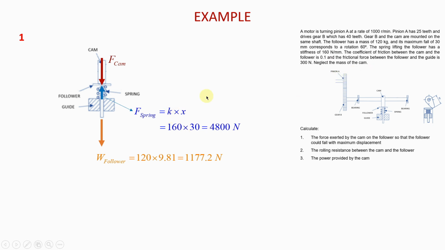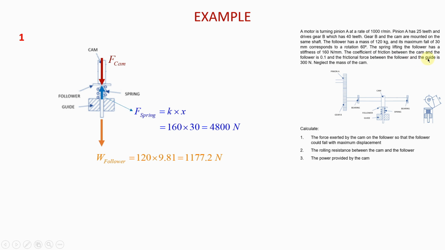Okay, if your stiffness is in newtons per meter, you can use your deformation in meters. It's fine. Okay, so the force in the spring is therefore calculated like that, and you will find it to be 4,800 newtons.